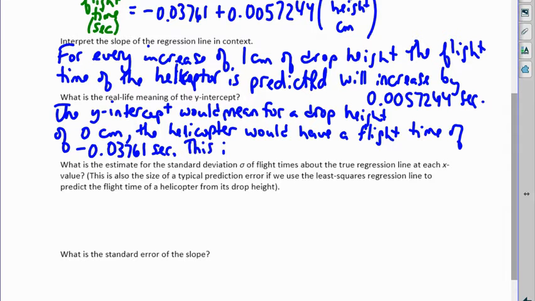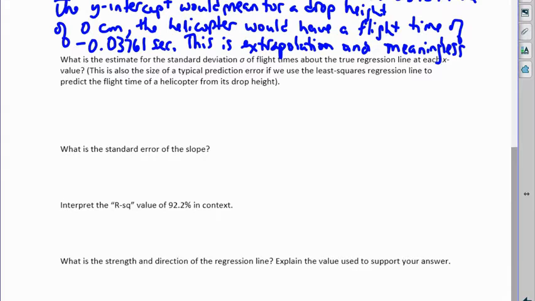This is extrapolation and meaningless. So I would always start out with what it means, how it is at 0 for the x value, and then write that sentence and then think about what that sentence actually means. So in this case, it's meaningless because you can't really have a negative flight time.